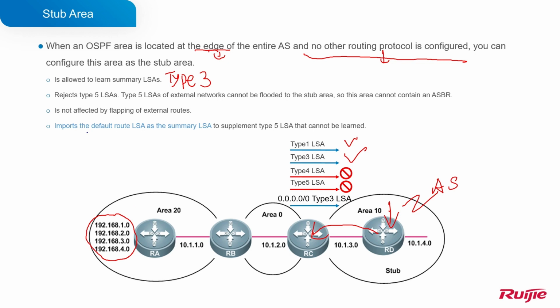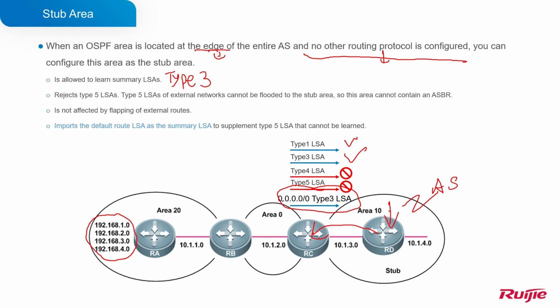Okay, and next, a default route LSA is imported as a summary LSA to supplement the type 5 LSA that cannot be learned. So what does it mean? It means that instead of type 4 and type 5 LSA information, we also need to communicate with the external network, so we use type 3 LSA information to do that.